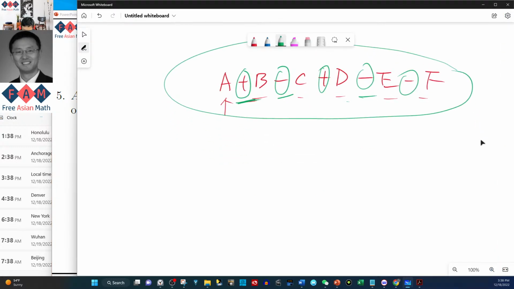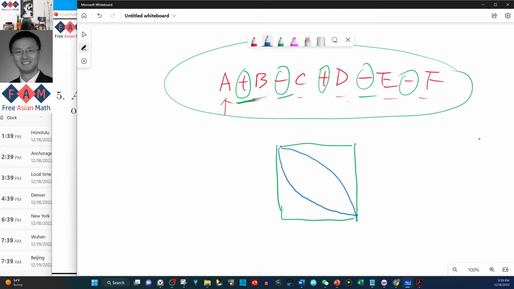By that, we mean something like this. This is the square, and this is one of the arcs, and there are two arcs. What if we temporarily forget about one of them? So let's just, for now, consider one arc.